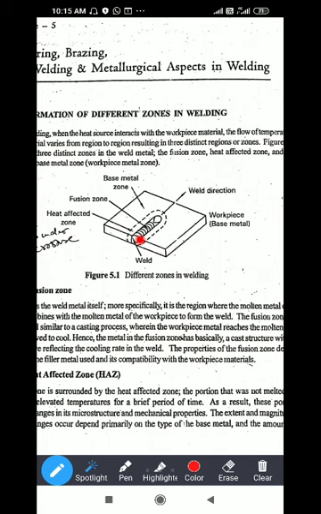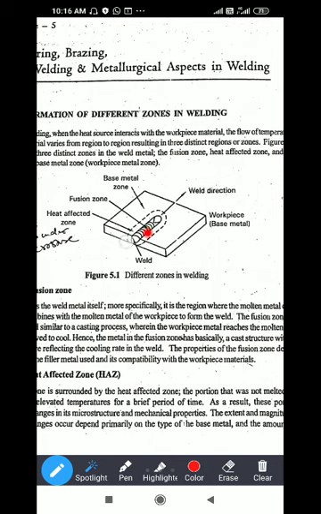Due to the heat, the workpiece is melted, and the electrode rod or the filler metal is mixed with the molten metal, goes through solidification and is converted into a solid. That solid part is called the weld part. So this is the fusion zone, where an extreme temperature is there.